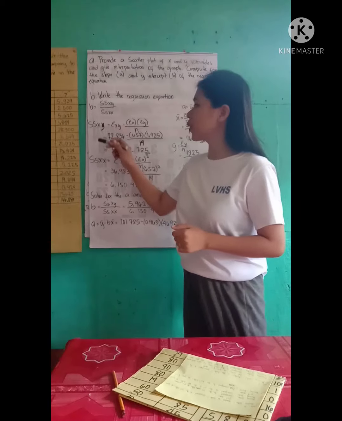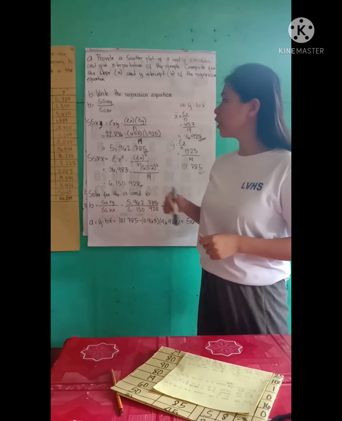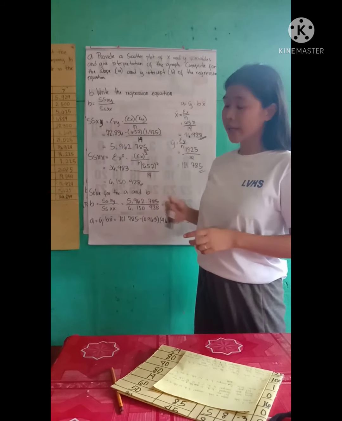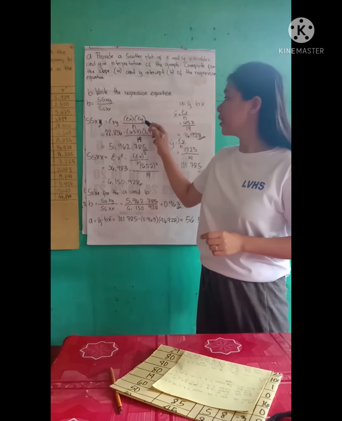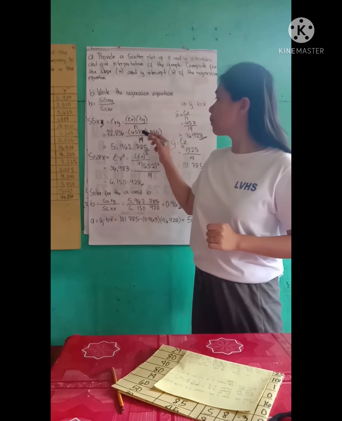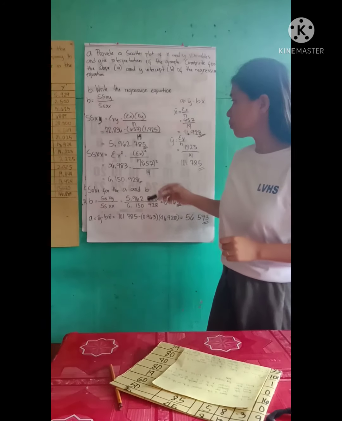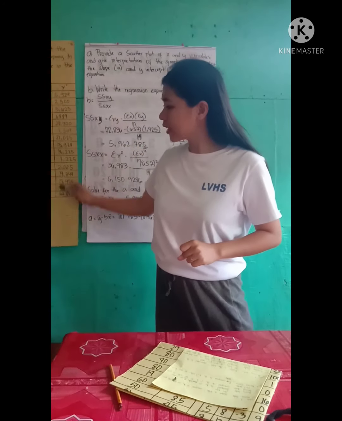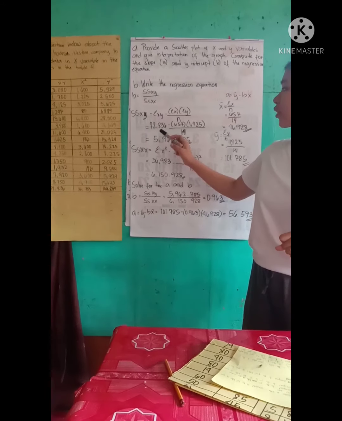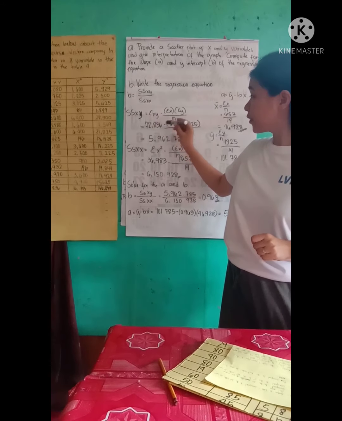For the summation of square xy, the formula is summation of xy minus the quantity summation of x multiplied by the quantity summation of y, divided by n. As we already completed the table earlier, we can now indicate the corresponding numbers in the formula.